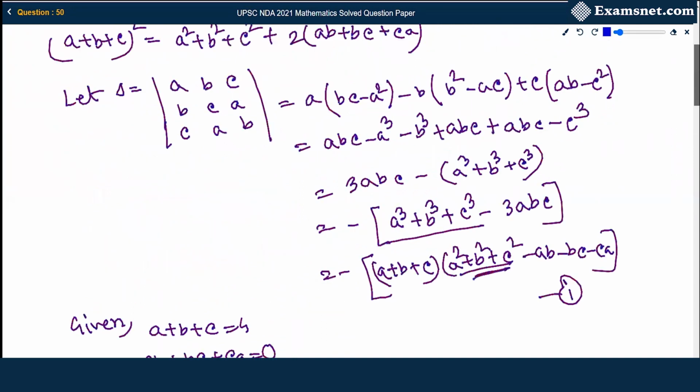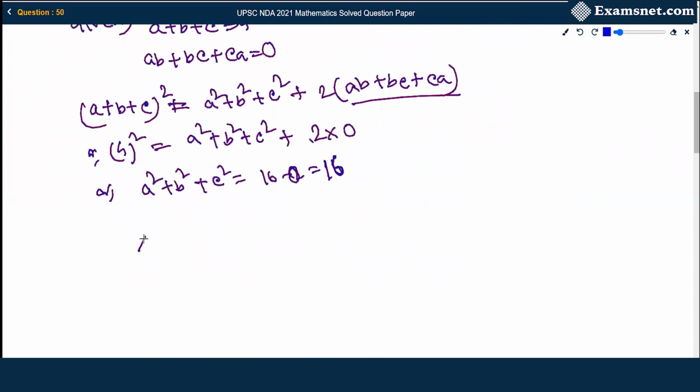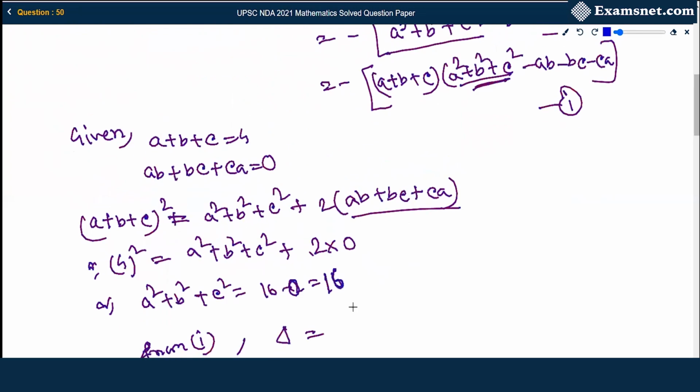So delta from equation 1, delta equals minus of 4 multiplied by 16 minus 0, right?